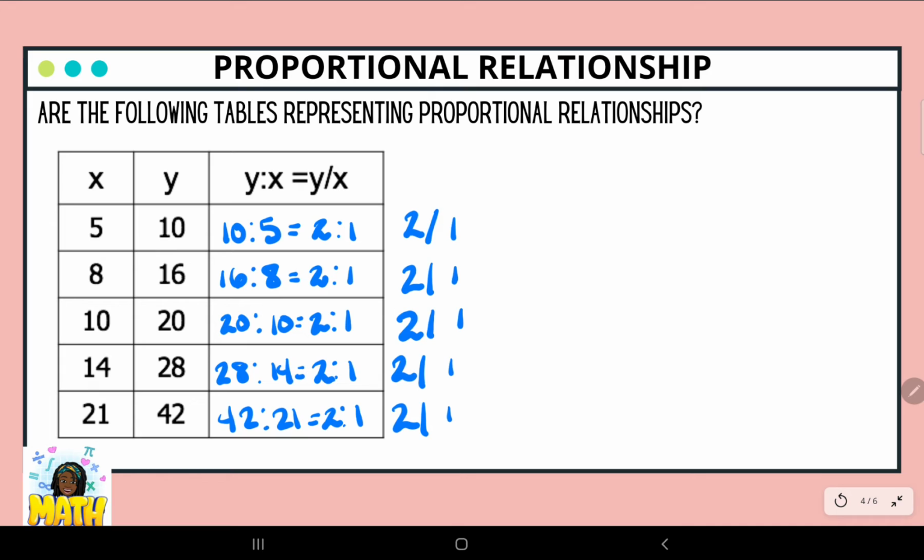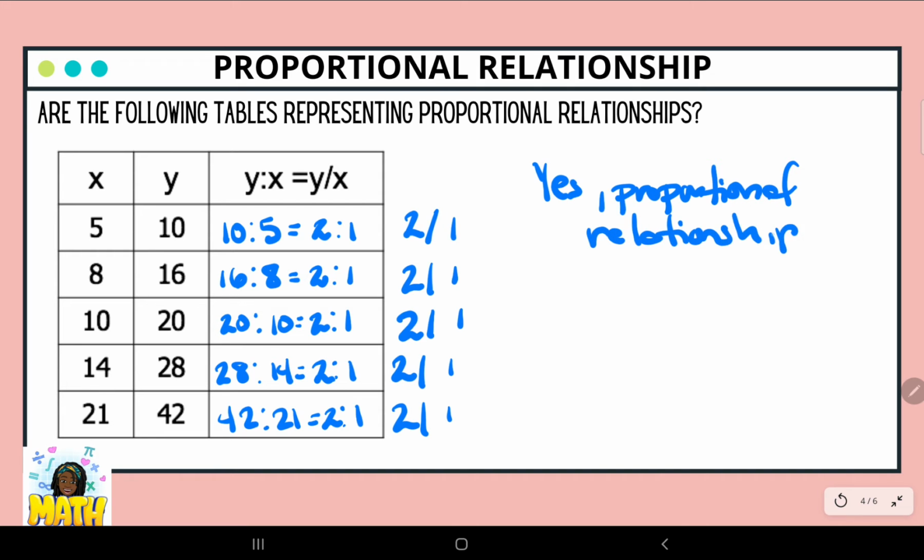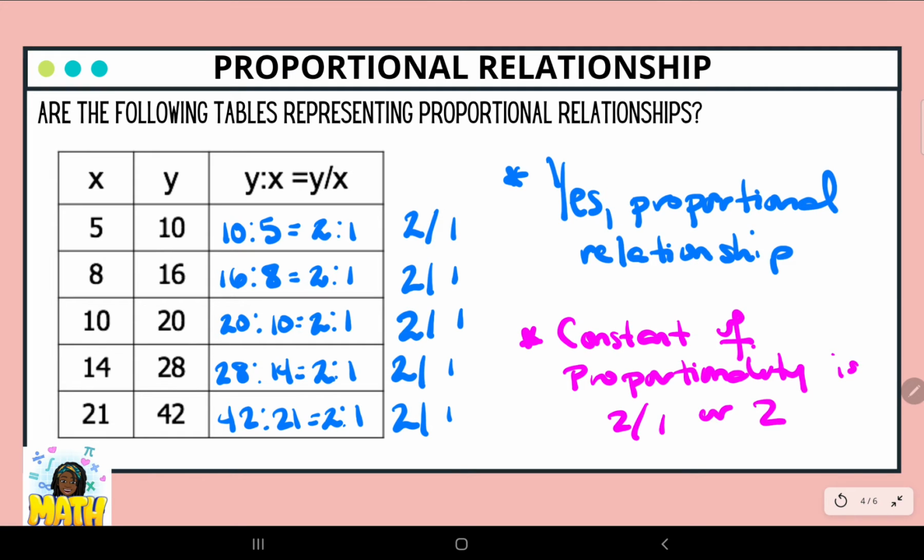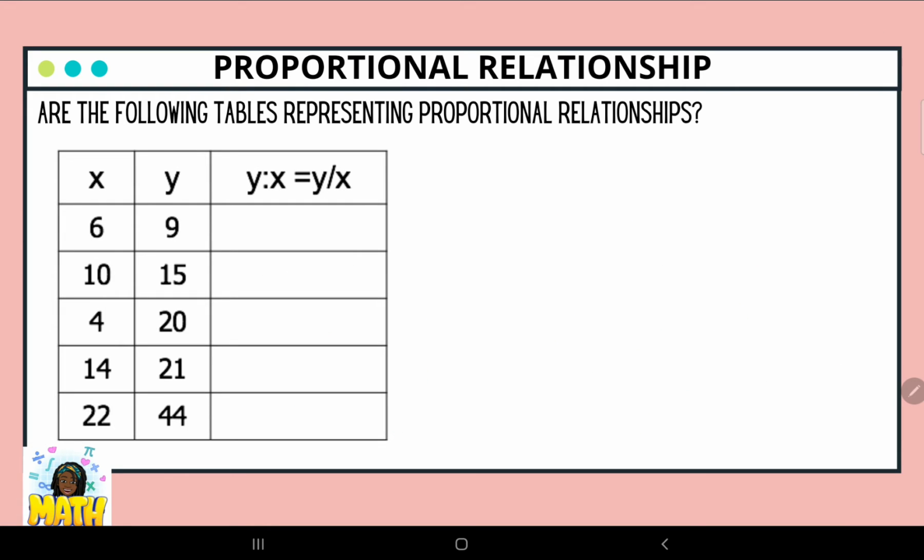So what we would say here is that yes, this is a proportional relationship, and the constant of proportionality is 2 to 1, or 2. Again, yes, this relationship is proportional, and the constant of proportionality is that simplified ratio of 2 to 1, or 2. Let's take a look at another example.